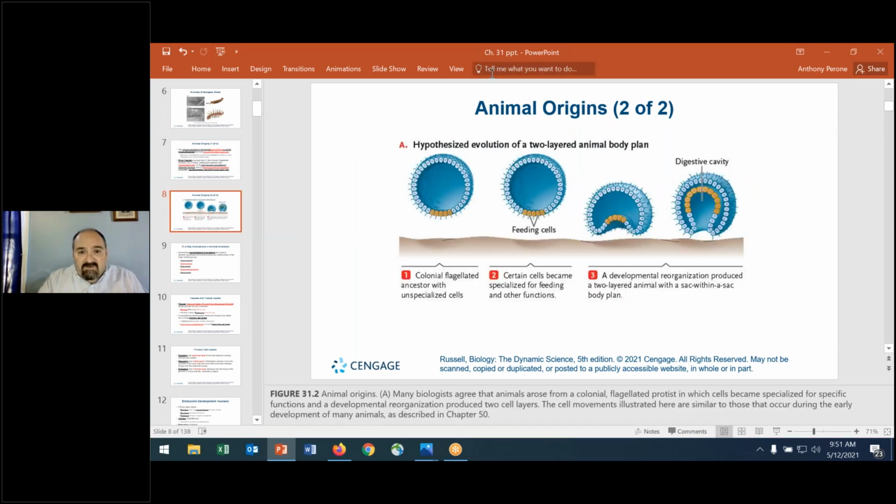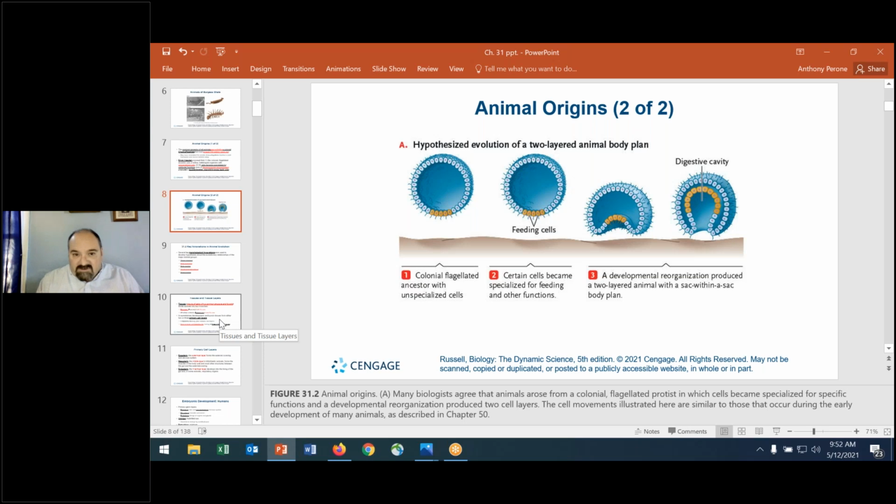Many biologists agree that animals arose from a colonial flagellated protist in which cells became specialized for specific functions, and developmental reorganization produced these layers. The cell movements illustrated here are similar to those that occur during the early development of many animals. We're going to see these germ layers in a few slides forward at the end of this presentation today.